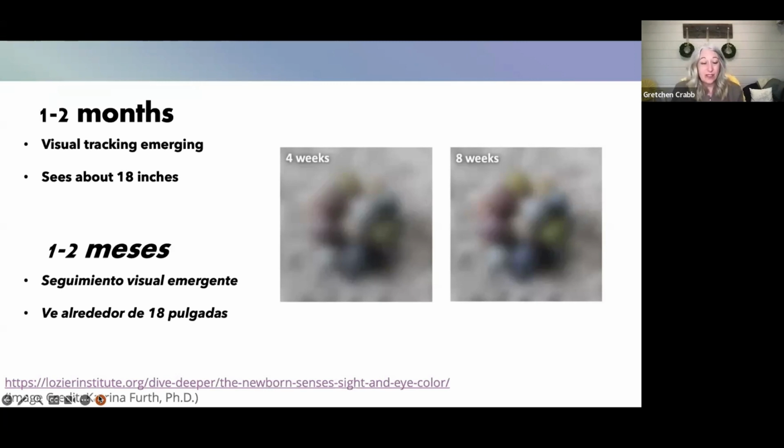Up until this point, babies can often still visually track at the newborn stage prior to 1 month, but their eyes will sometimes do this funky thing where one will go in one direction and the other one will go the other, and it's fairly inconsistent. But consistent visual tracking with both eyes happens at about 1 to 2 months, and babies can start to see for sure at 12 inches, but up to about 18 inches.